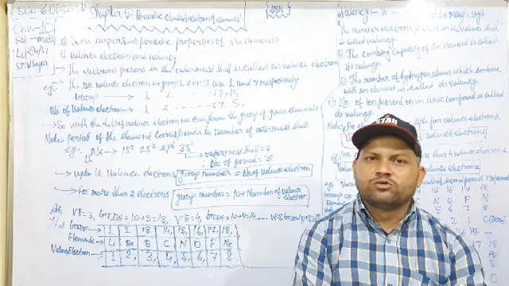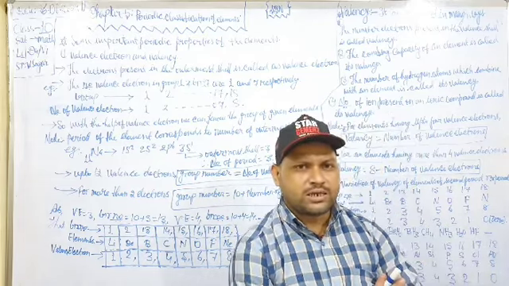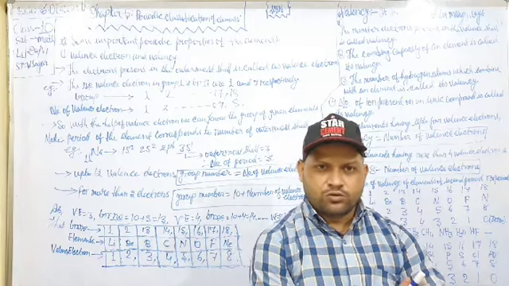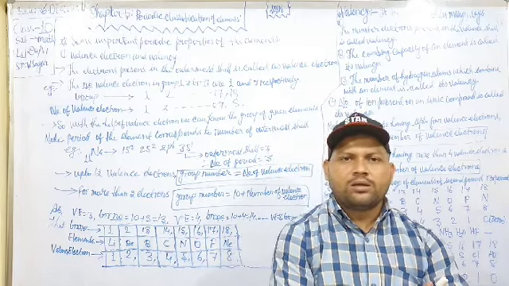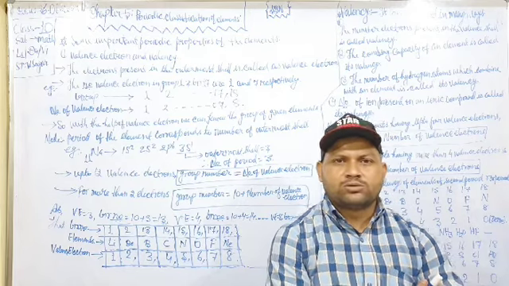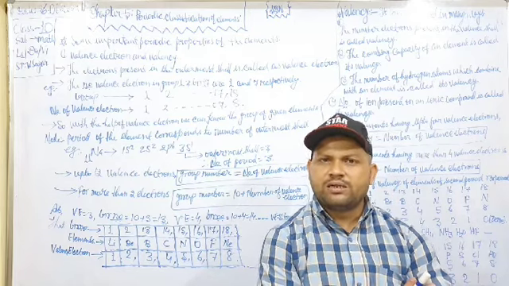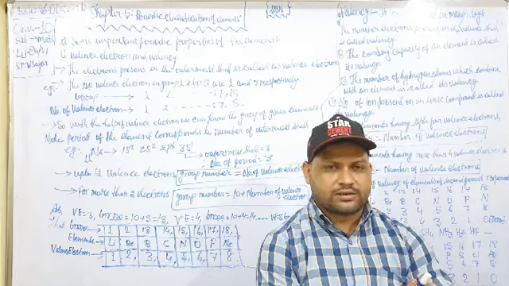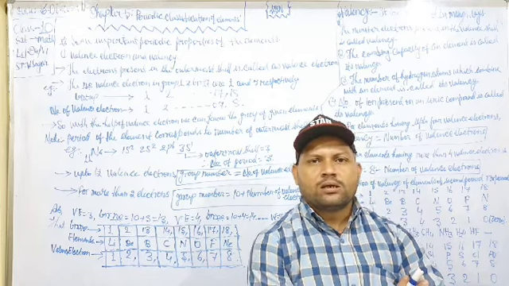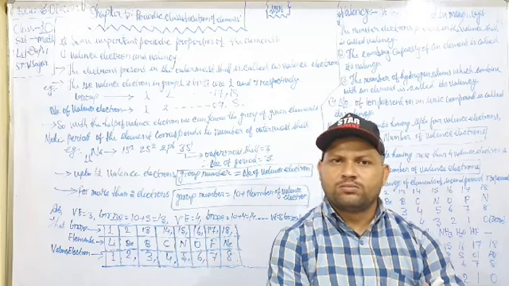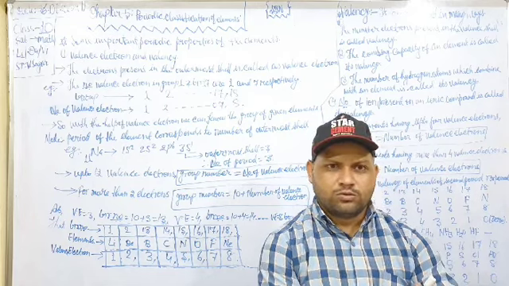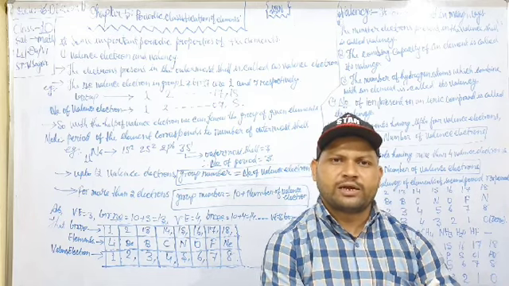Today I am going to discuss valence electrons and valency, and then I will discuss atomic size and metallic and non-metallic character. So please concentrate on this video so that you can get more and more benefit from it.